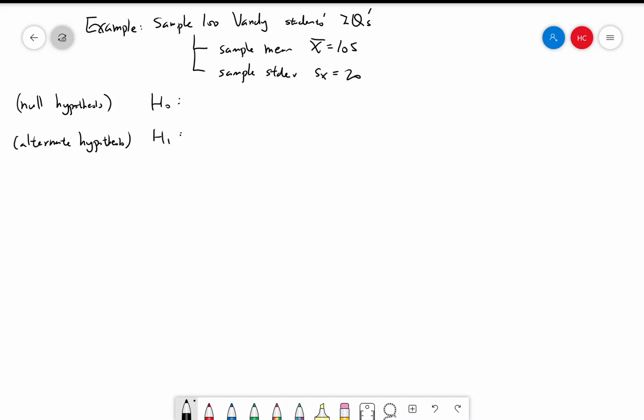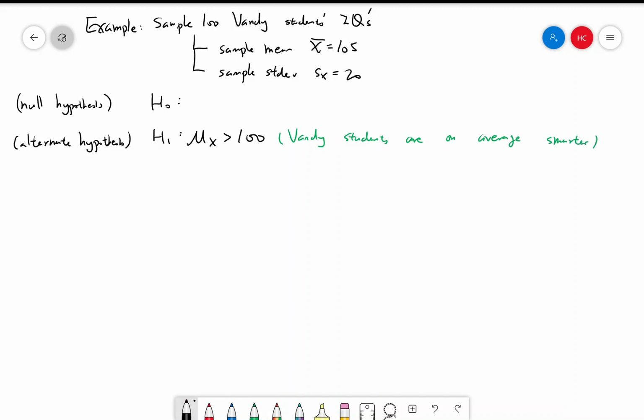So we want to believe, because the sample mean is 105, which is above human average IQ 100, that Vandy students on average are smarter than general human beings. This is the alternate hypothesis.